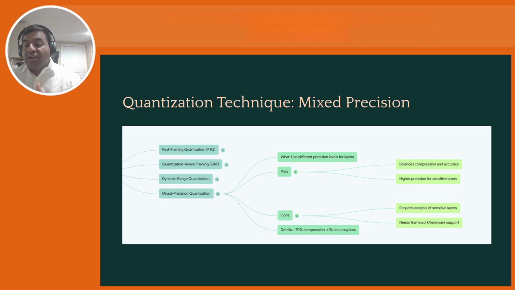The cons are that it requires careful analysis to identify which are the sensitive layers and often needs specific framework and hardware support. Done well, it can achieve significant compression, in some cases like 70%, with minimal accuracy loss, less than 1%. See, it's all about the balance: how accurate you want your model to be and how performance efficient your model has to be.